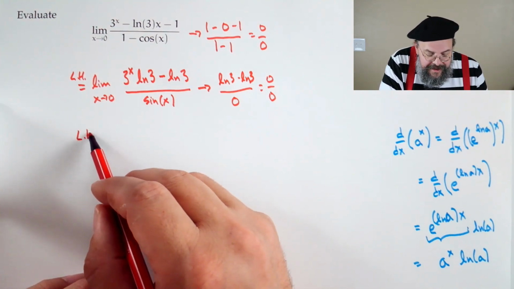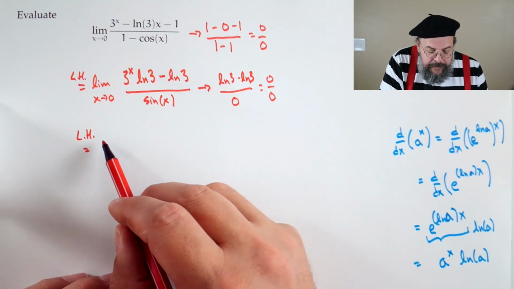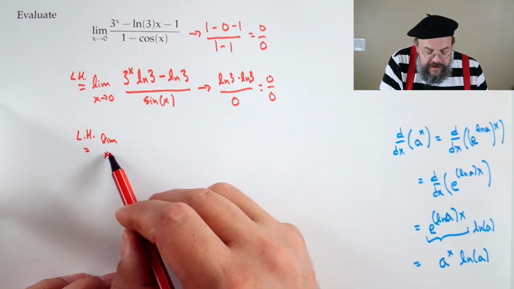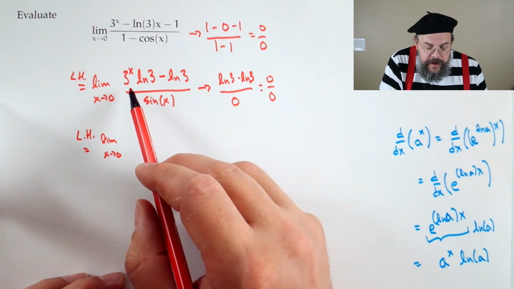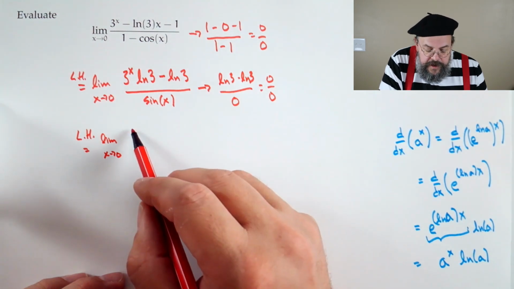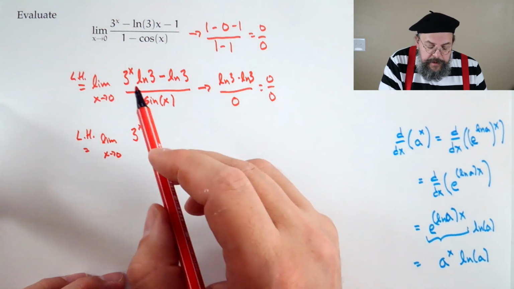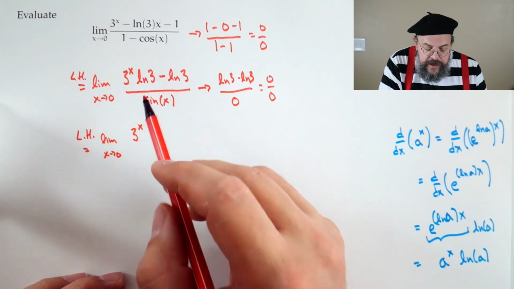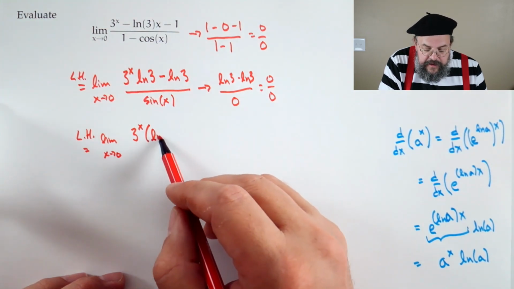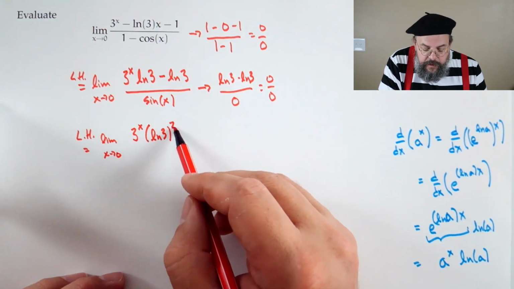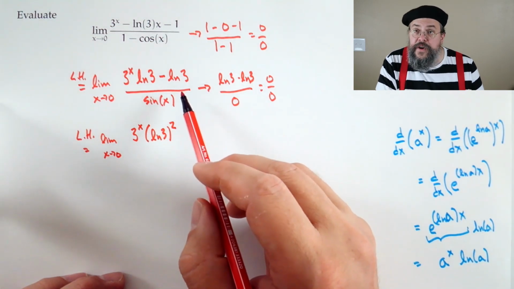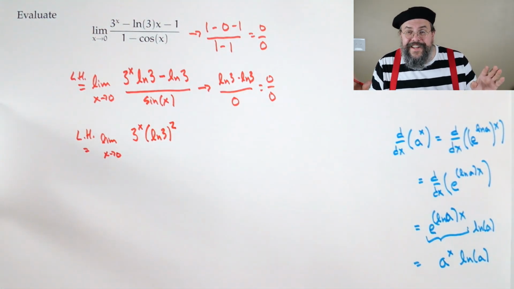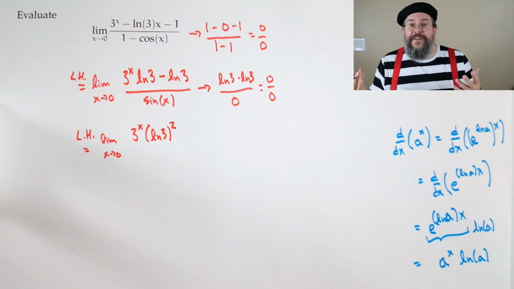So L'Hôpital says this will be the limit as x goes to 0. 3 to the x, well, we did that already. It would be 3 to the x times log 3. There's already a log 3, so that gets us to log of 3 quantity squared. The derivative of log of 3 is 0. Not 1 over 3, 0, because log of 3 is a constant.